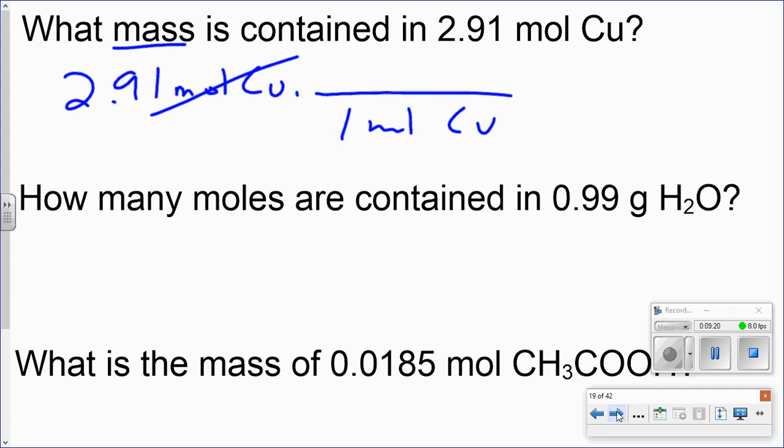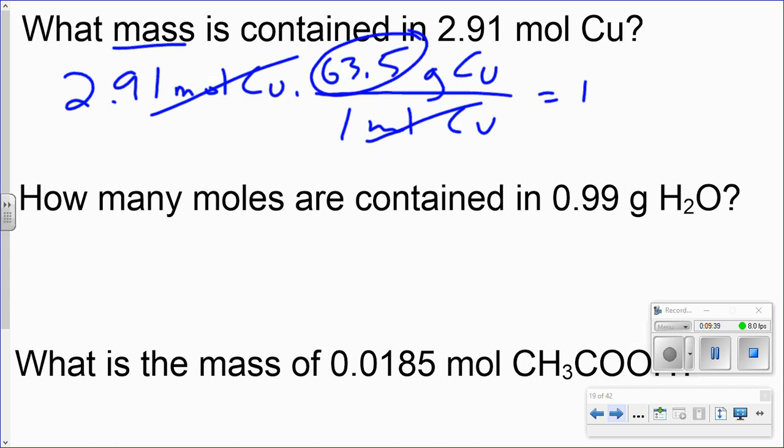So I've set my problem up. I know I need grams. What is the mass of copper? If you look on the periodic table, it's 63.5. So now I multiply 2.91 times 63.5, and I end up with 185. Notice I keep sticking with sig figs. By the way, always use 3 sig figs. 185 grams of Cu.